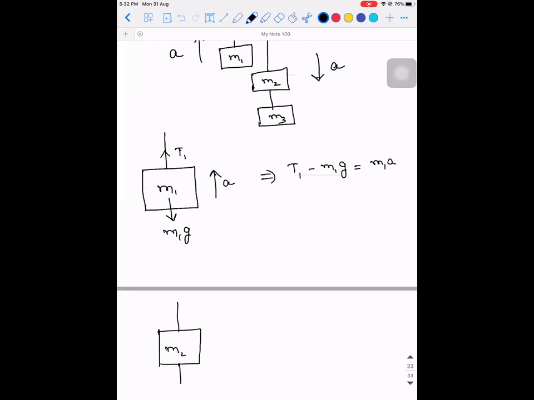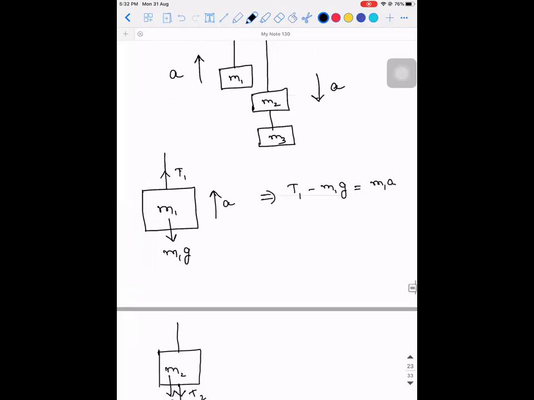String, sir. It is T2. String is trying to pull it in the downward direction. Along with that, there is the weight of the object also acting, that is M2G. And T1 is trying to pull up. Very good.